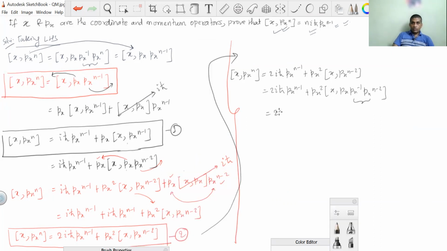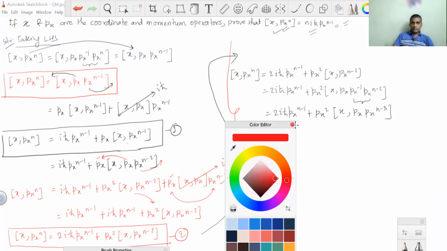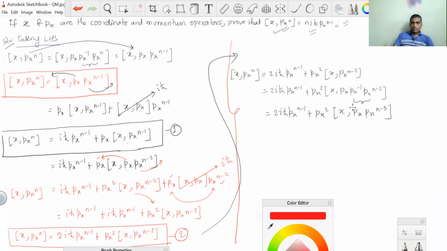So we can write 2iħ px power n minus 1 plus px square, and we have commutation relation x px power n minus 3. Now we can take this px outside towards the left hand side and px power n minus 3 outside towards the right.